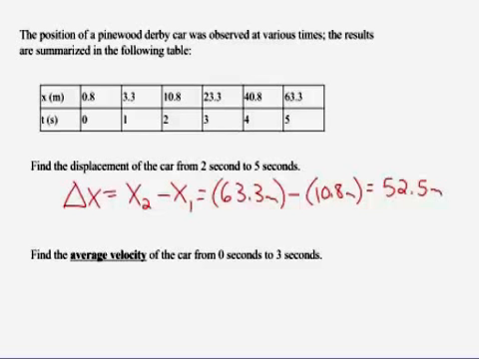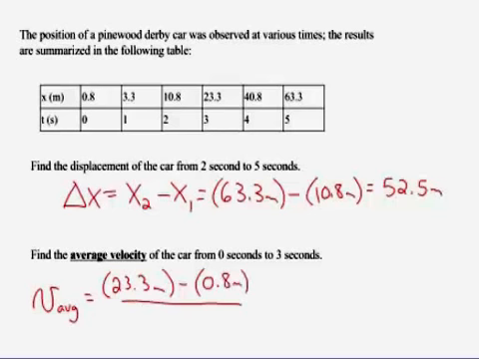The next thing that we're going to look at is the average velocity from 0 seconds to 3 seconds. So we're going to take the position at 3 seconds, 23.3 meters, minus the position at 0 seconds, 0.8 meters, and we're going to divide by the time interval of 3 seconds. Again, the t2 minus t1, that's 3 seconds minus 0 seconds.